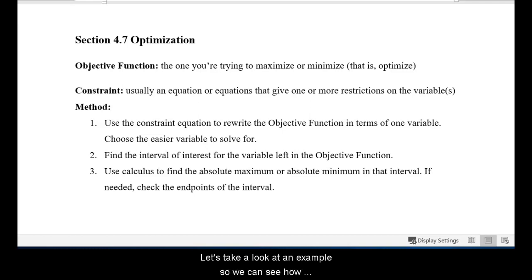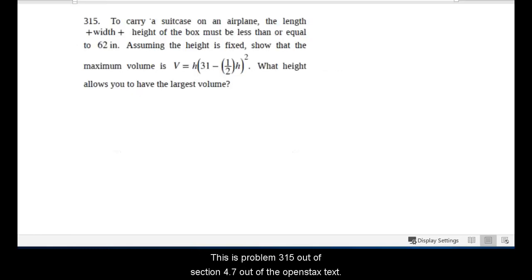Let's take a look at an example so we can see how to apply this method to an actual problem. This is problem 315 out of section 4.7 of the OpenStax textbook. Let's read the problem first to get a vague idea of what the problem is about, just as we did for related rates.